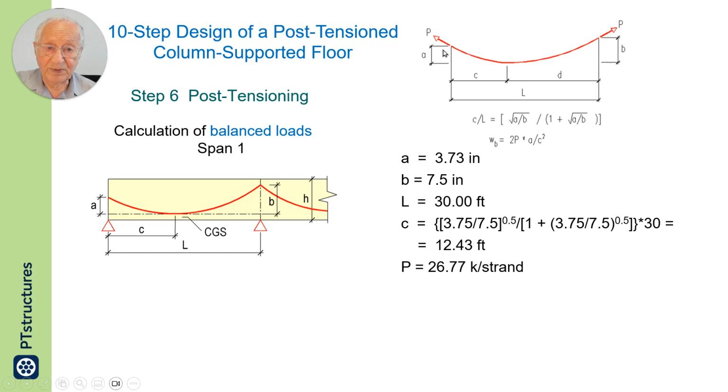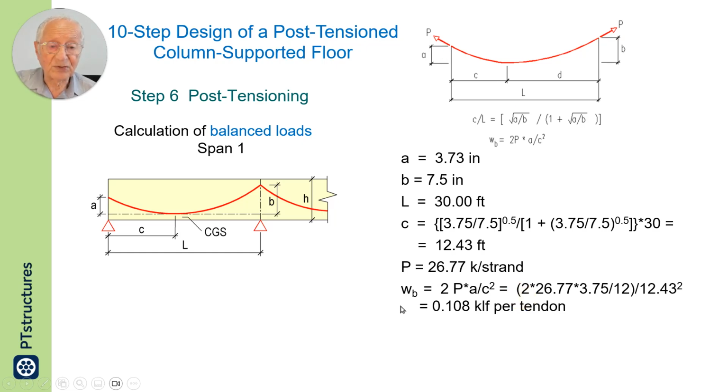I have the force P because I know how many strands I have. So the formula that gives me the uplift is this. This is the uniform upward force, 0.106 kips per linear foot.